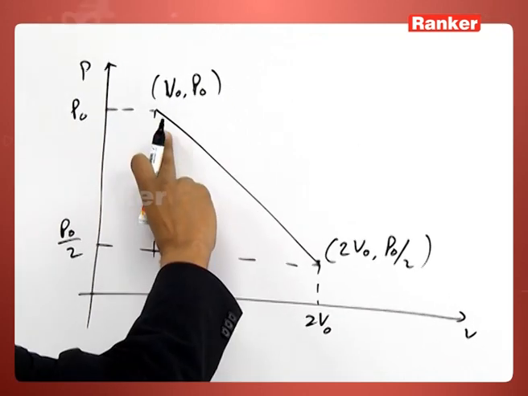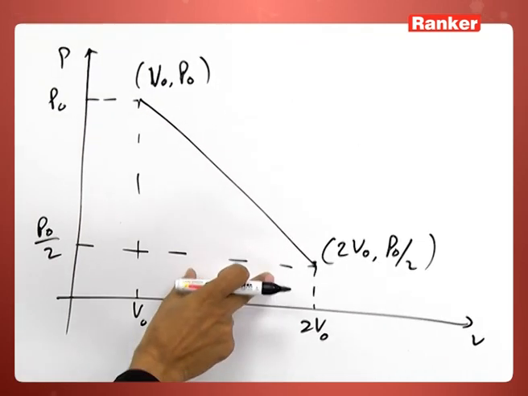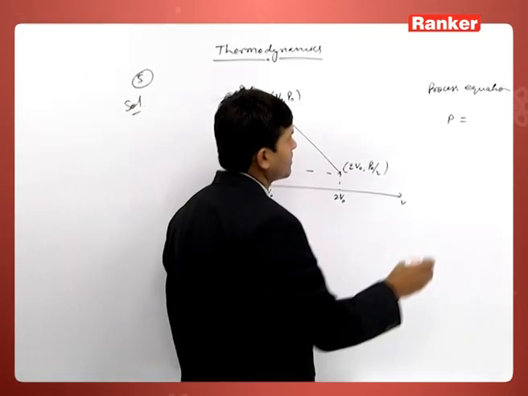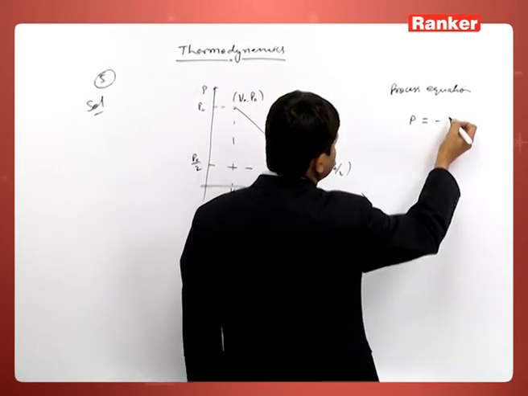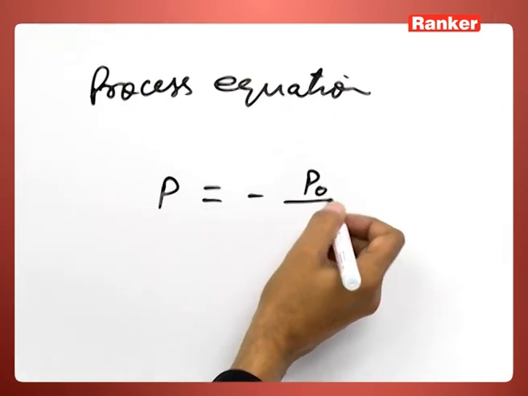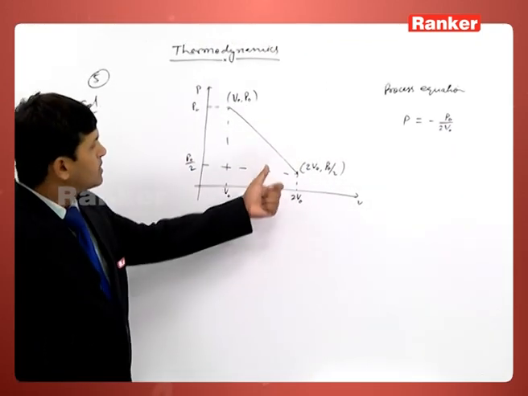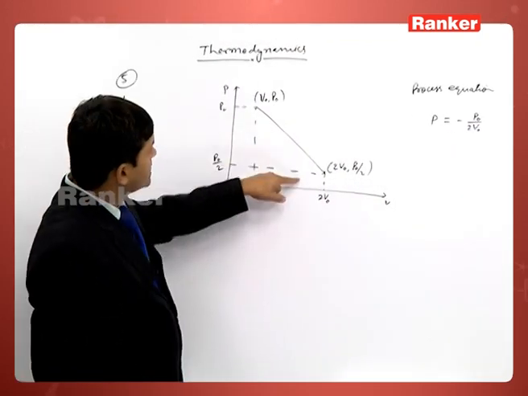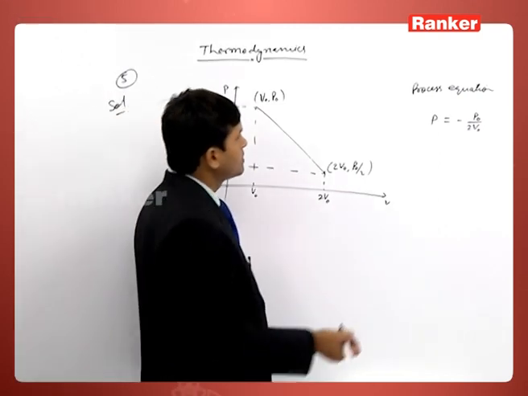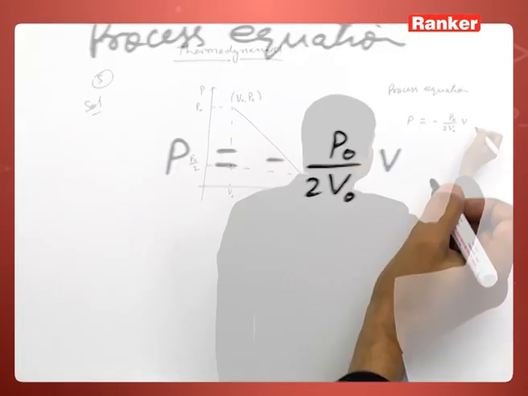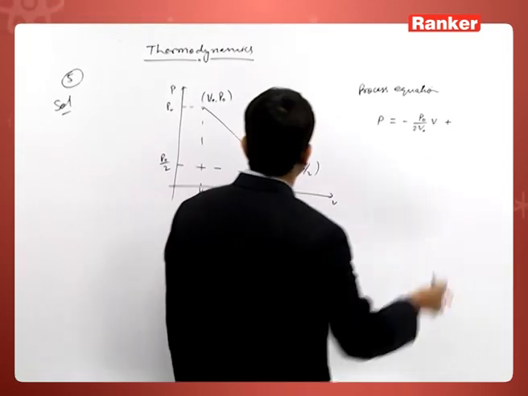So see here, this is P0 by 2, this is V0, so the slope is minus (P0 by 2) by V0, this by this, and now V plus intercept.